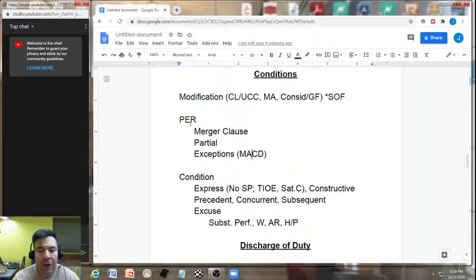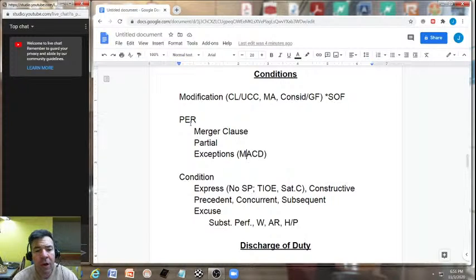Another thing we're going to be talking about here is ambiguity. That part of it, then, we'd be able to bring in course of performance, course of dealing, and possibly usage of trade to clarify those particular mistaken terms or ambiguous terms. Vague terms would also fall into that category as well. But remember, in mistake, we also have scrivener's error.